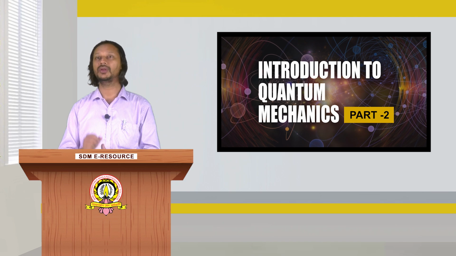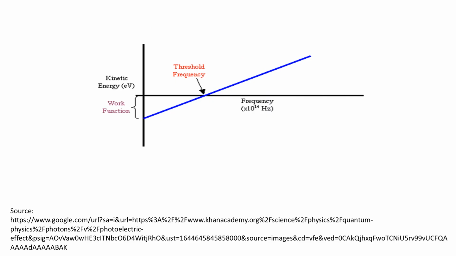For example, if you look at this particular graph, you can see frequency and energy are plotted, and as the frequency increases, the energy of the electron is increasing. Now, frequency increase leading to the kinetic energy increase is not something we can explain using purely light as a wave.